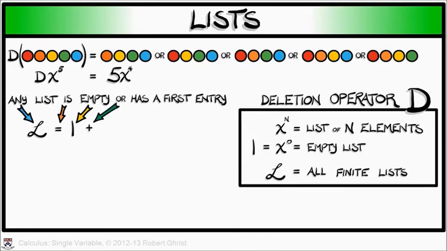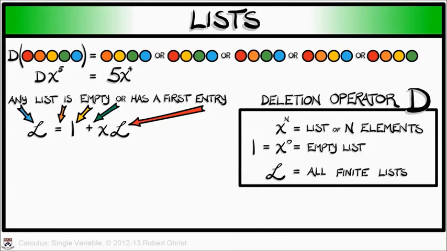Oh, OR is our formal addition. So L is equal to 1 plus, and here's the tricky one. What does it mean to say that a list has a first entry? Well, that means it has an X in it, followed by some finite list, maybe empty, maybe non-empty. We can rewrite this statement as L equals 1 plus X times L.